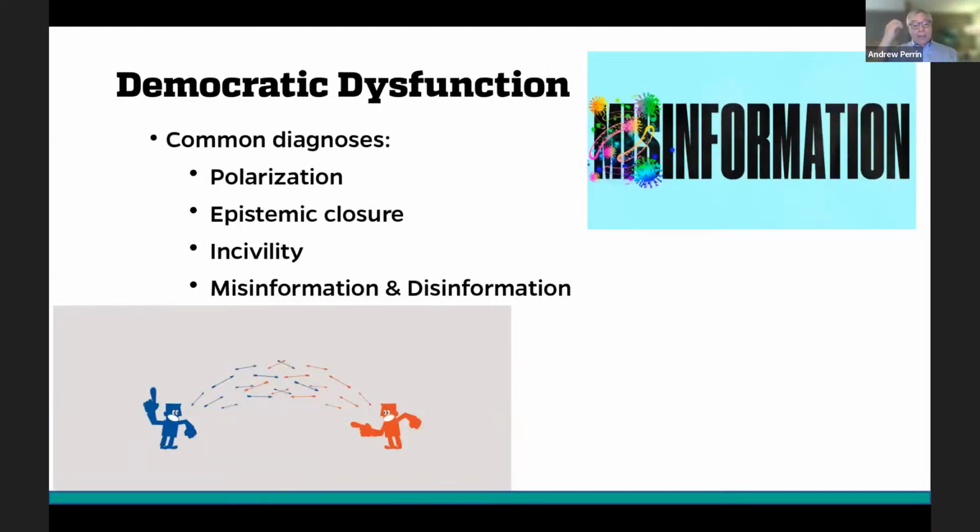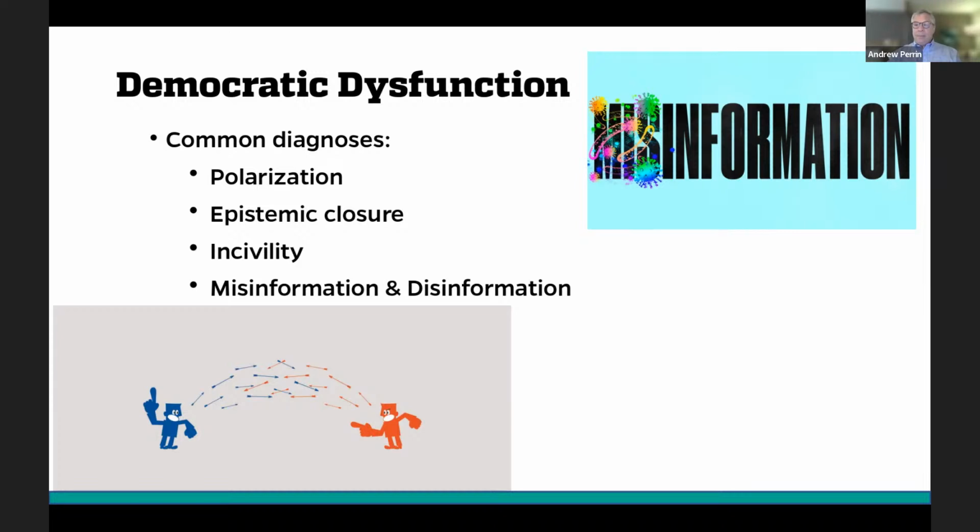So it's common for us to think about democratic dysfunction in lots of different ways. Common diagnoses for the dysfunction of our democratic culture are polarization, of course, across big political difference. What we call epistemic closure, which is the idea that following political identity, people select very specifically for forms of information and news.